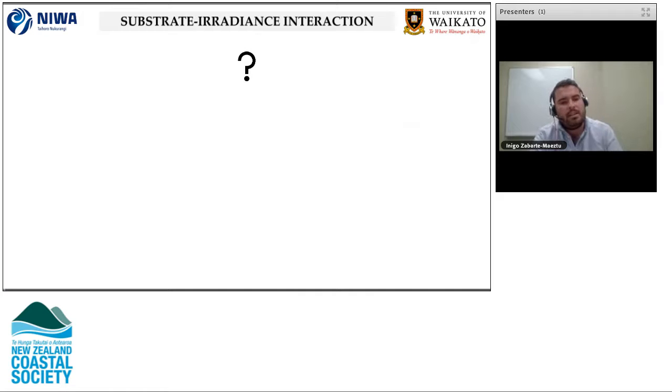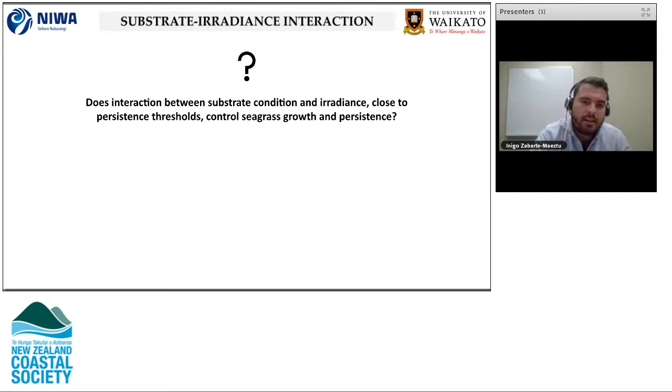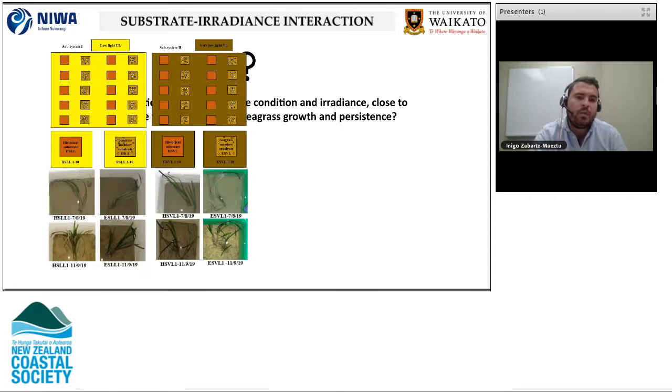After working on this, we had the question: does the interaction between the substrate condition and irradiance, when this is close to the persistence threshold, control seagrass growth and persistence? To try to answer this question, we made a factorial aquarium experiment with two light treatments, a low light level and a very low light level, both above the thresholds for seagrass survival.